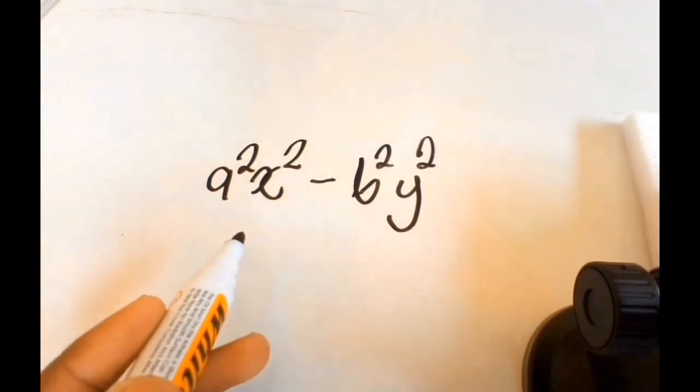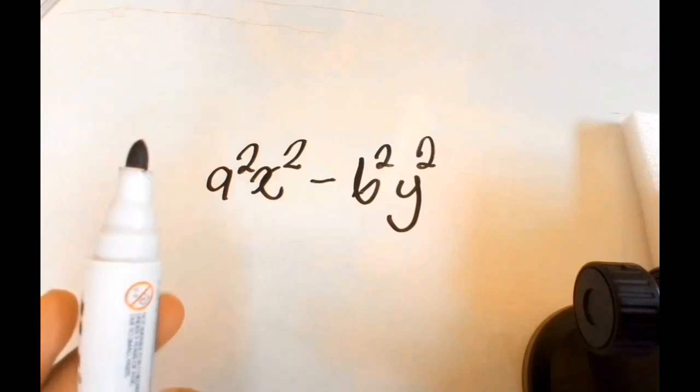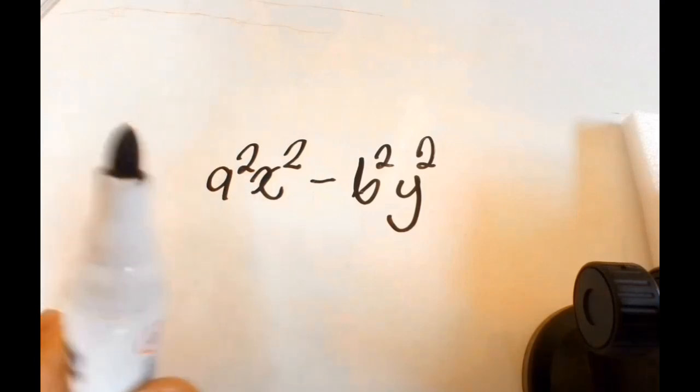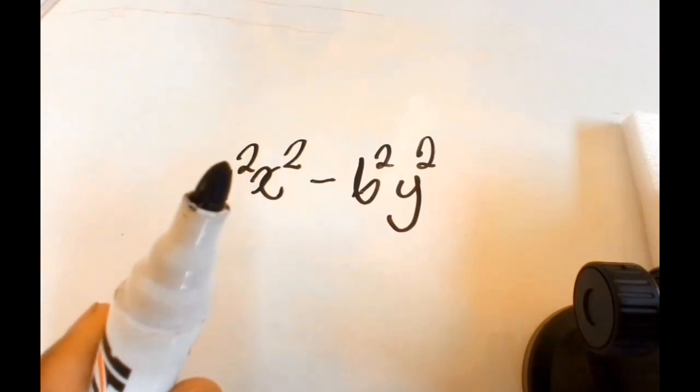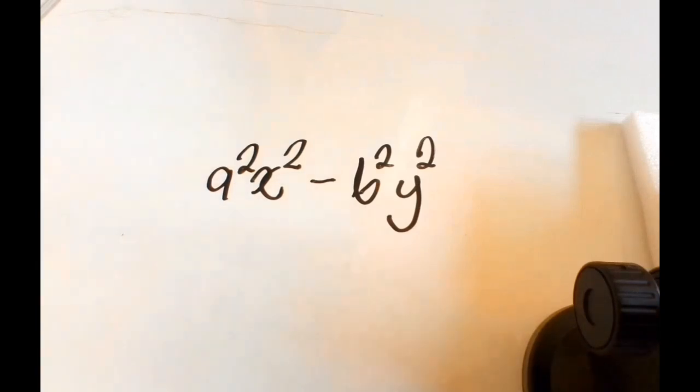This is what I mean when we have two terms which are subtracted from each other and we can find the square root of both terms. So this can be written as factors containing the same terms but opposite signs, because the middle term cancels with the other when the two terms are multiplied.